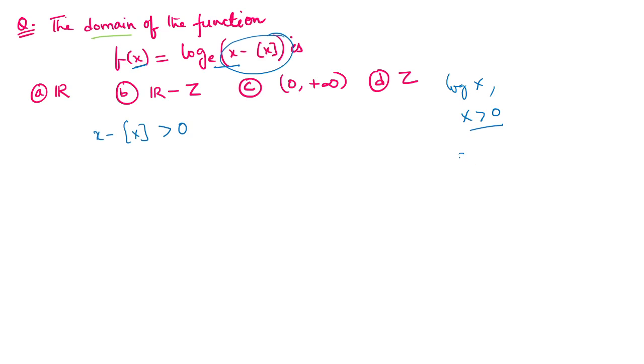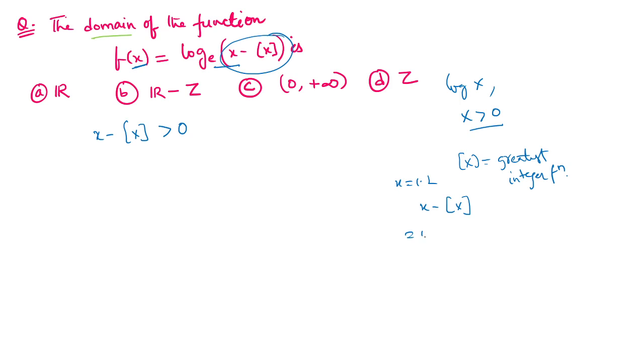Now this is the greatest integer function. Now suppose x is, let's say, 1.2.